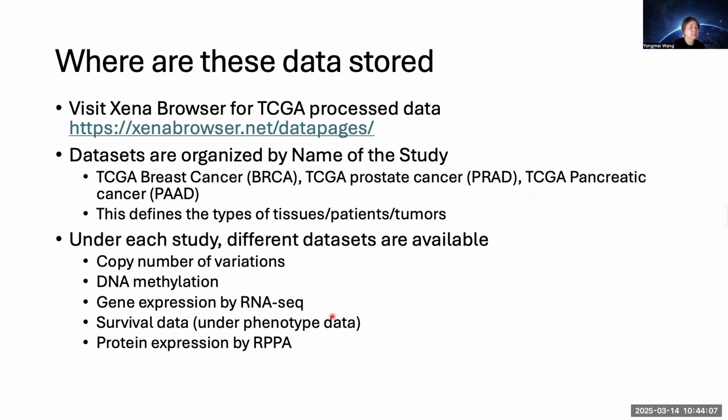Even though the GDC is where you share the data, there is a very good website that is much easier for you to download the data from: the Xena browser. Xena browser has a lot of data.